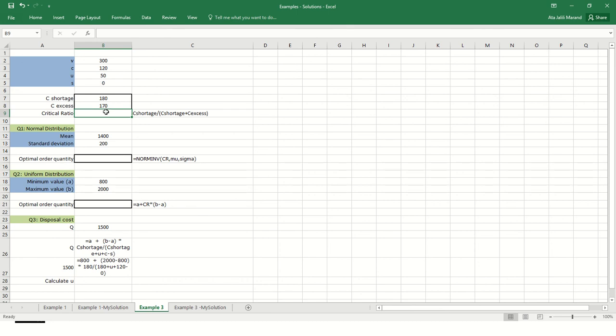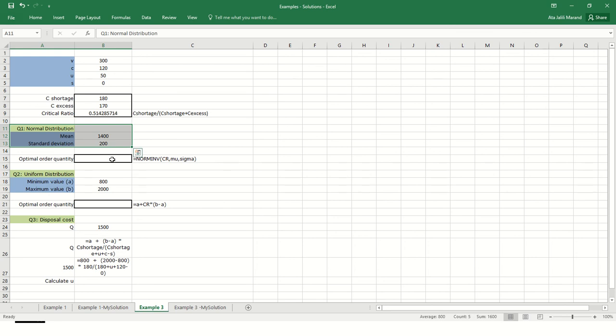Then we can calculate the critical ratio. We can see the formula just beside this cell. It is C shortage divided by C shortage plus C excess, and the critical ratio is 0.51. In the first part of the assignment, we need to find the optimal order quantity for a normal distribution.